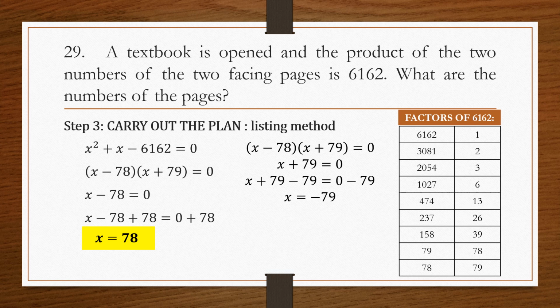So we have to use our first root to get the next page, we have 78 plus 1, and that would result to 79.